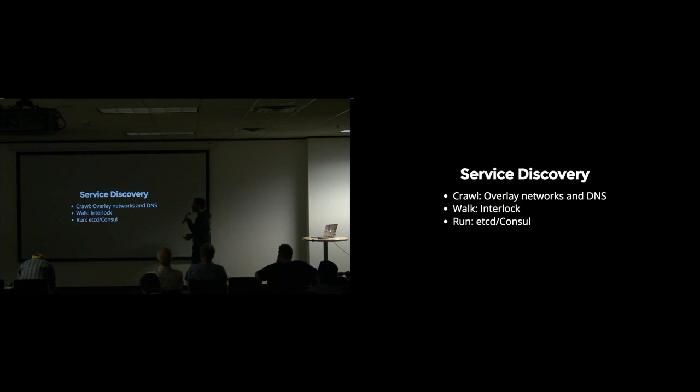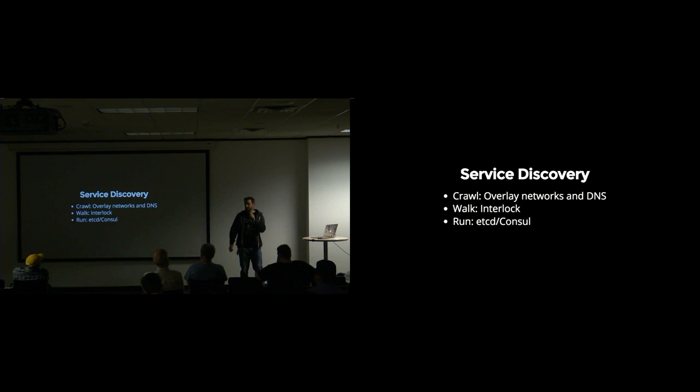When it comes to learning service discovery, the crawl is using overlay networks and the DNS that's running on your clusters by default, now that you have overlay networks. Kind of the walking option is Interlock. Conceptually, it's pretty simple, and you can make it go pretty quickly. There's not a lot of moving parts. You can just stand it up and get it going right away. And then if you really need one of the heavyweights, adopt etcd or Consul.